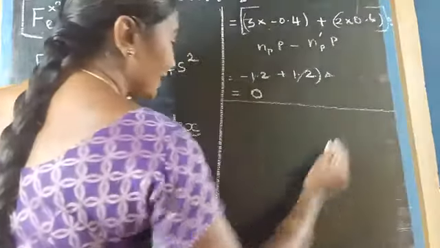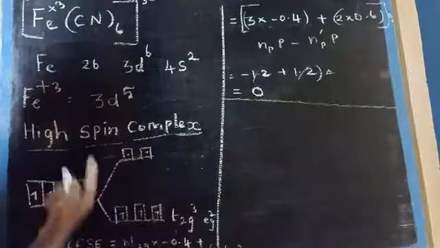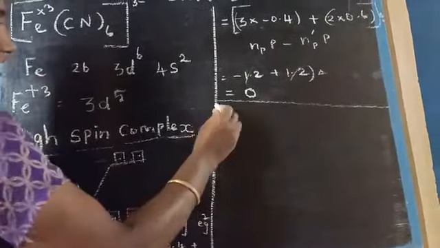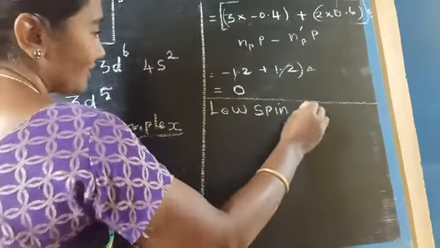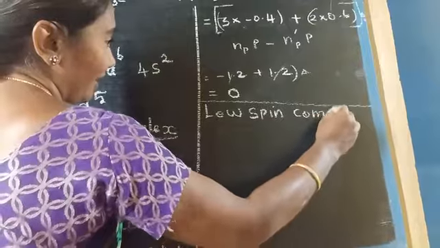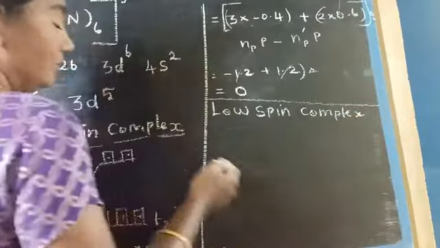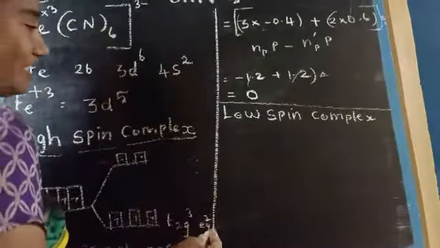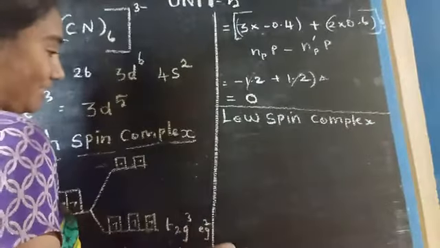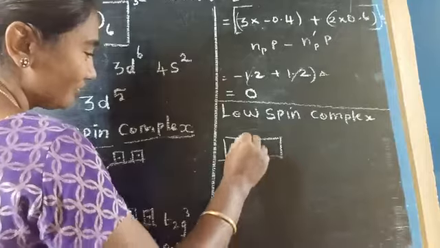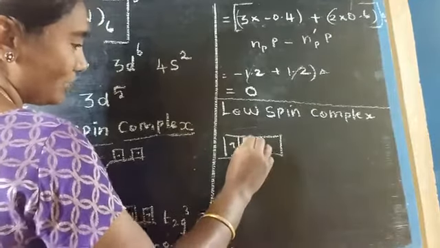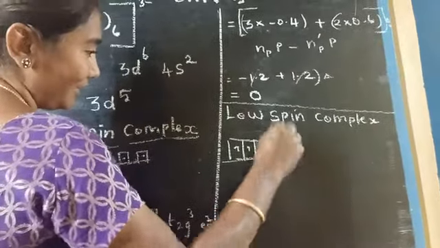Okay. So next we calculate the low spin complexes. In a low spin complex, the electrons fill the orbitals in a pairing pattern. Now 5 degenerate orbitals, 1, 2, 3, 4 and 5.